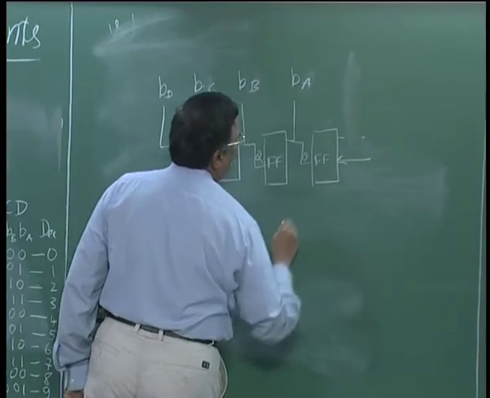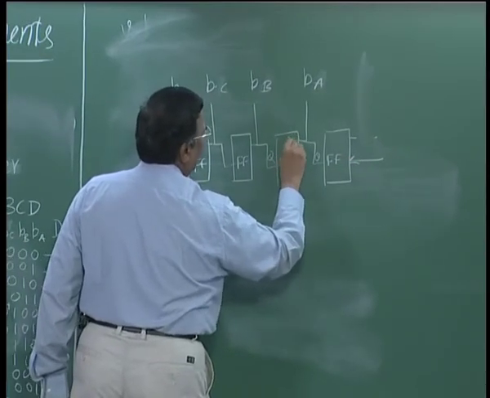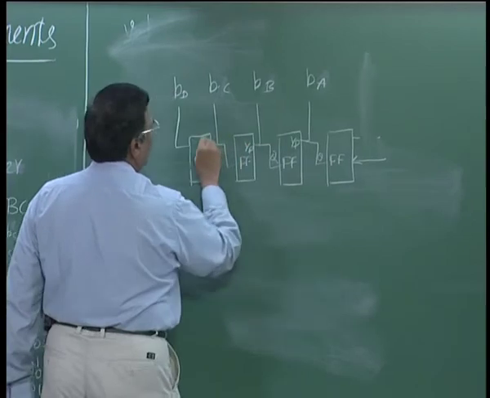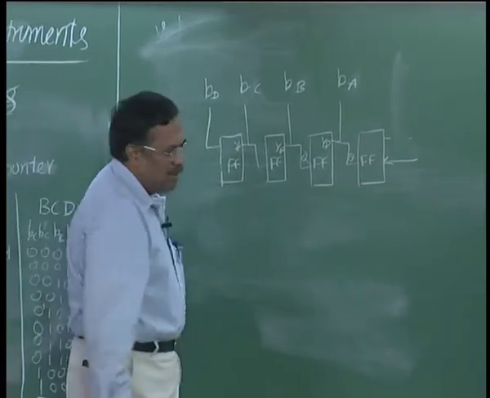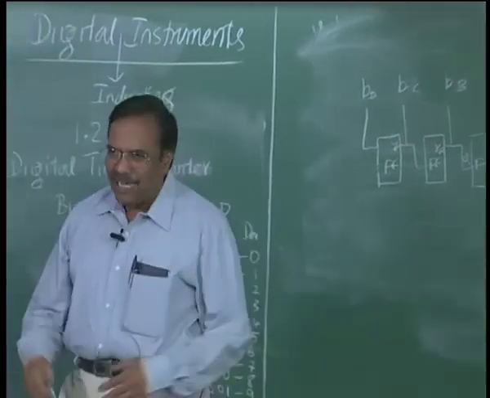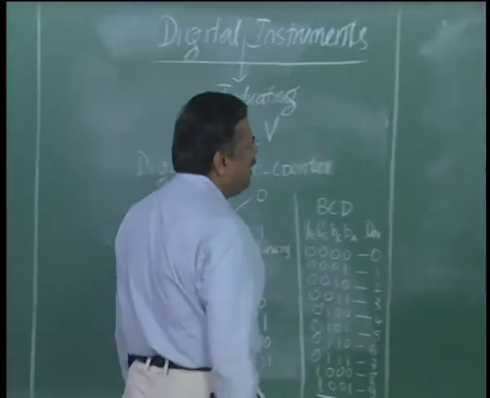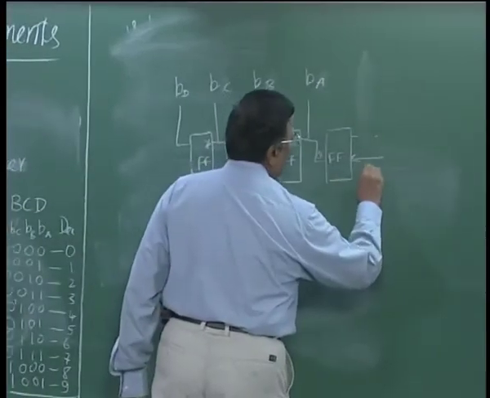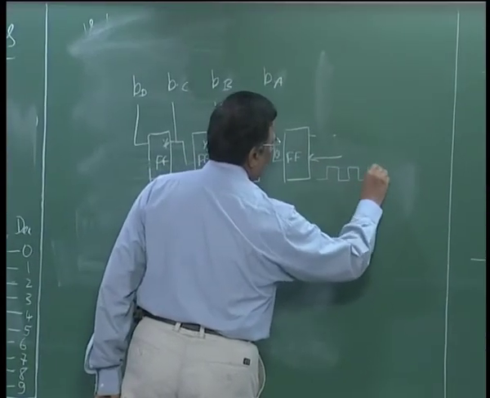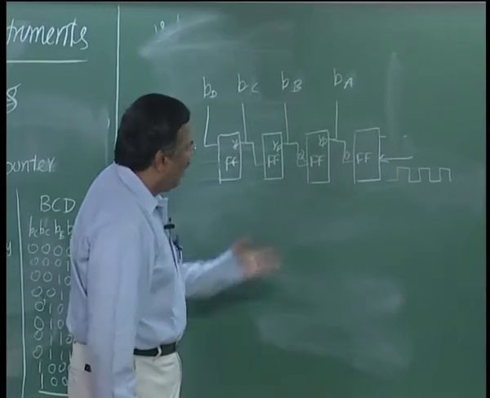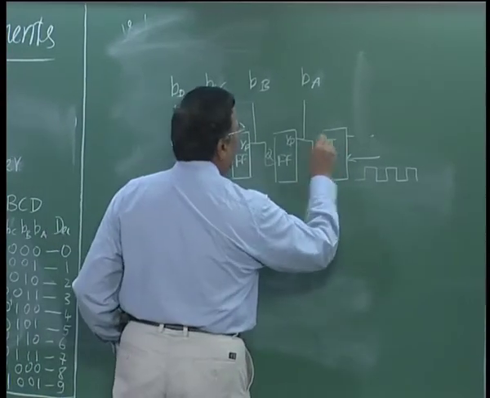This is my input. The flip flop can be a toggle flip flop, JK flip flop, any type of flip flop. And I start giving my binary input here, 1 0 1 0 1 0. Assume that this is a toggle flip flop, T flip flop.